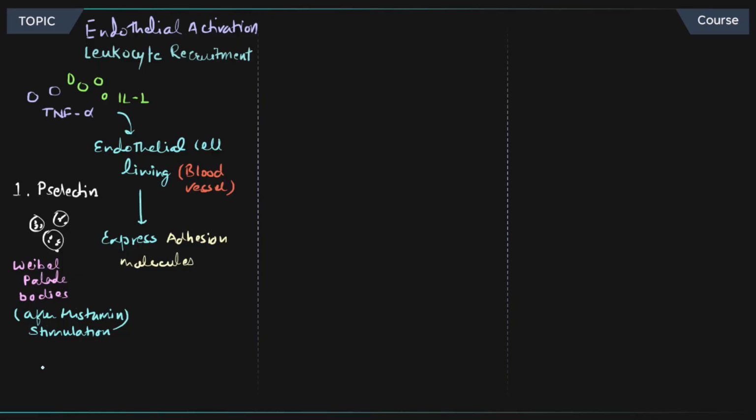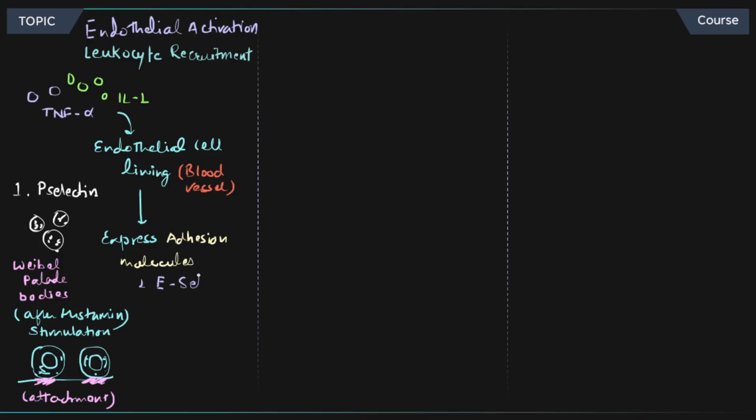The next really important point is that these proteins, P-selectin, are going to cause the attachment of the leukocytes to the blood vessel wall. The attachment happens because of P-selectin, which is present in the Weibel-Palade bodies.